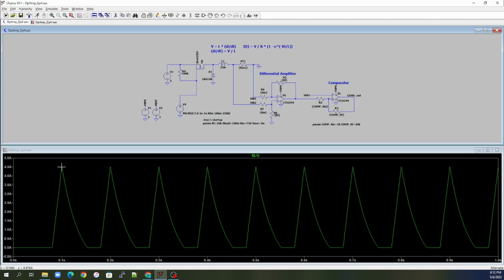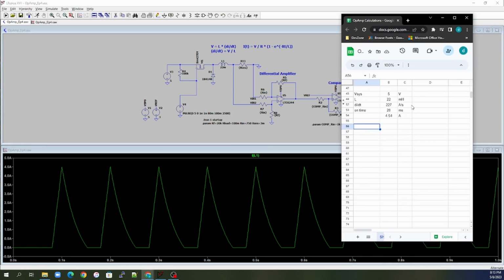And so when we look here, our peak current is about 4.49, which is pretty close to the 4.54 that we calculated. So we can see now that we have a rising edge and then a falling edge based on time of current through the inductor.